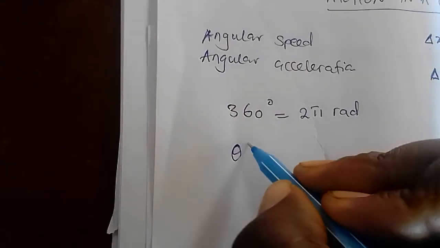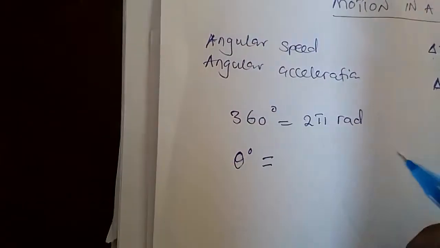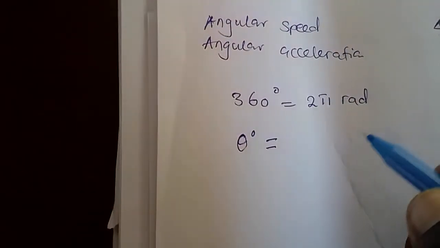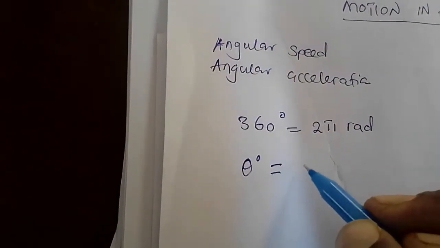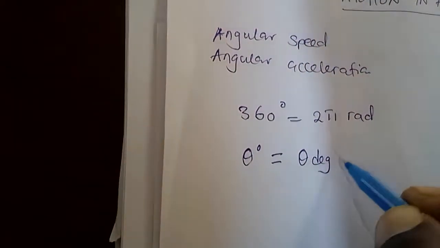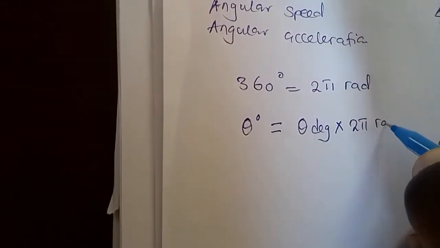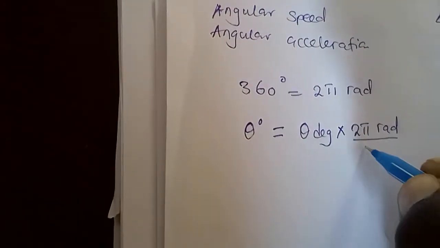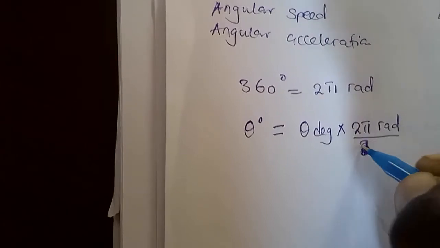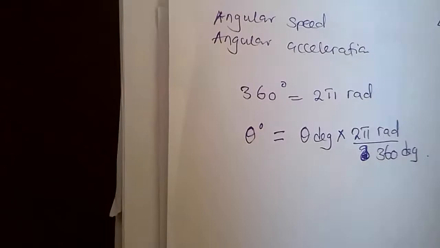So theta in radians, if we are converting from degrees to radians, will be theta in degrees multiplied by 2 pi radians divided by 360 degrees.